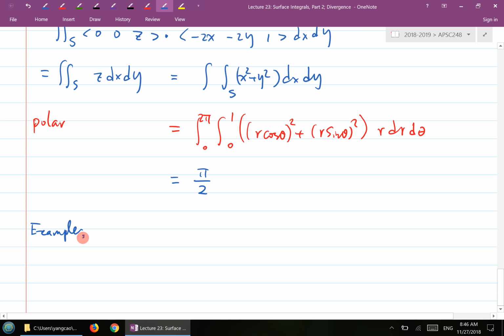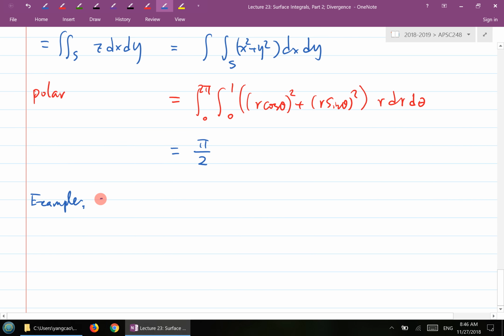Good. Okay, so in this one we will consider a different vector function now, and also a different surface. Here's a different vector function.